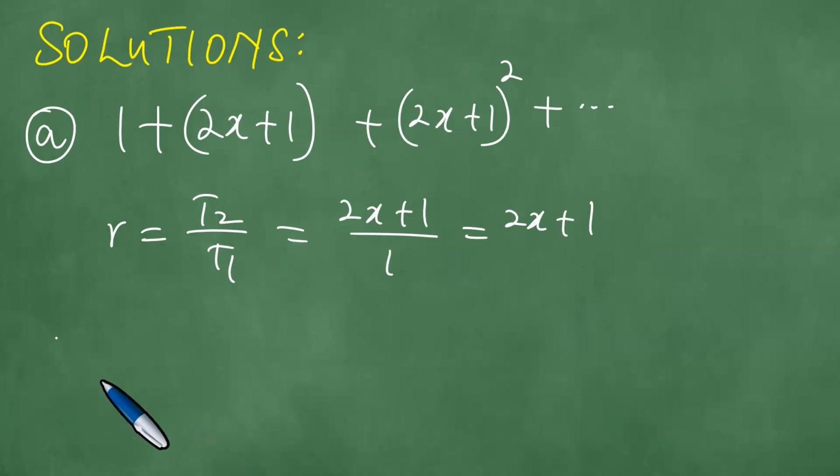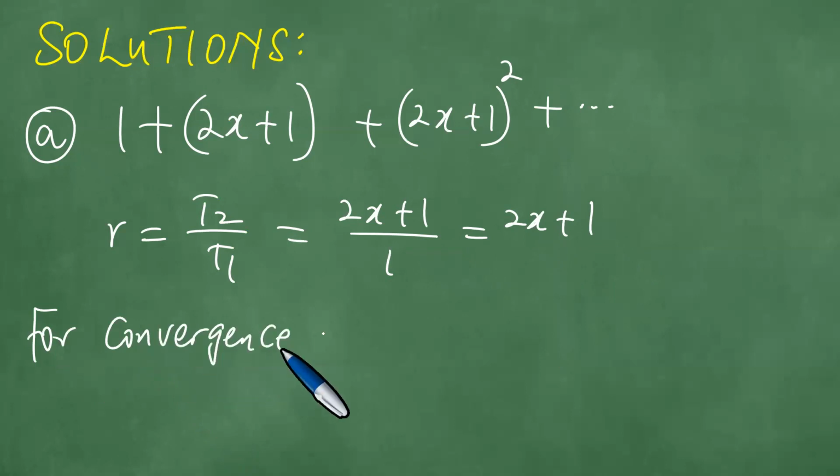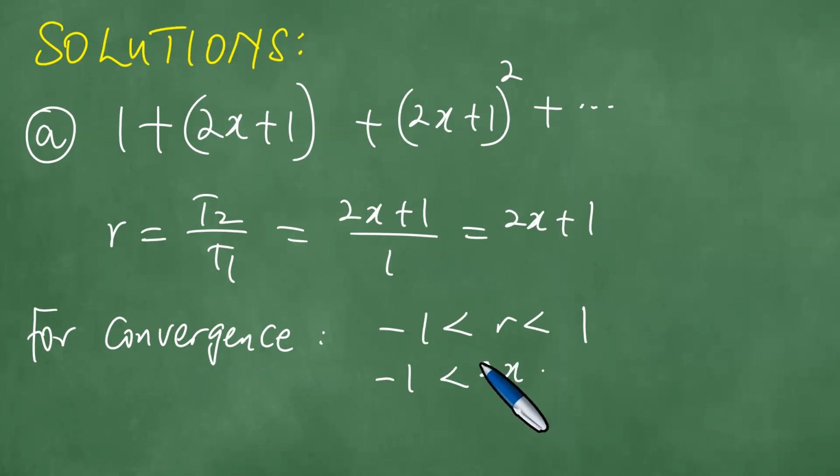For convergence, we require that the constant ratio must lie between -1 and 1. The constant ratio is 2x plus 1.